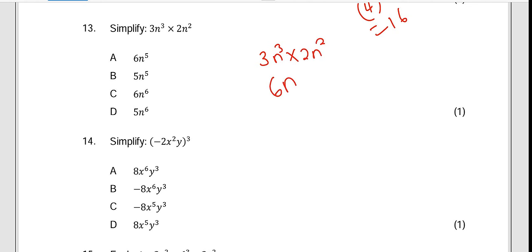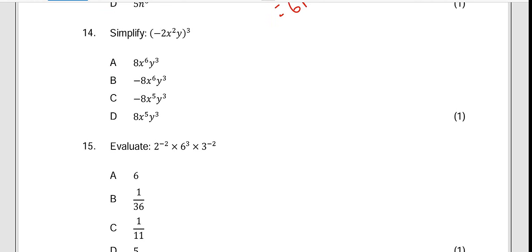And we know the laws of exponents. The laws of exponents say that when the bases are the same and there's multiplication, we add exponents. It's going to be 3 plus 2. So it's 6n to the exponent of 5. The correct answer is A.